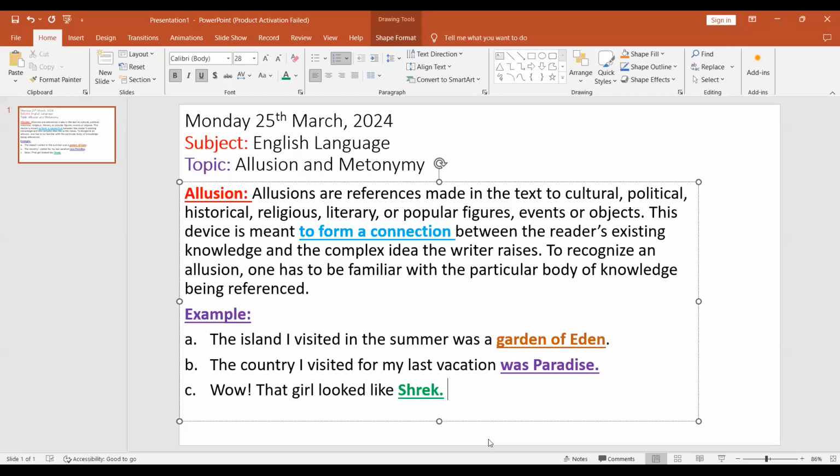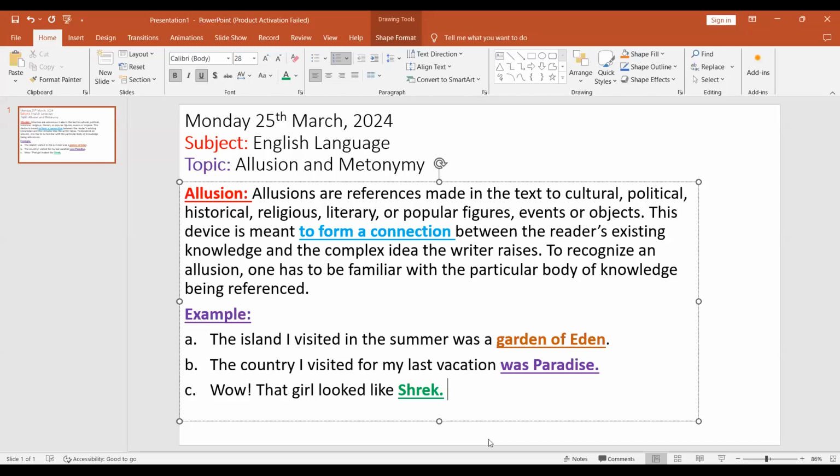To recognize an allusion, one has to be familiar with the particular body of knowledge being referenced. Example: the island I visited in the summer was a Garden of Eden. The country I visited for my last vacation was paradise. Wow, that girl looked like Shrek. Thank you for reading that. So that is an allusion.